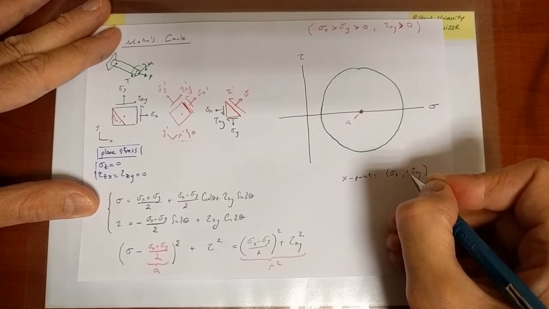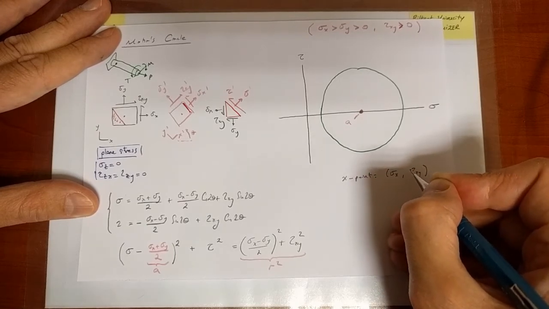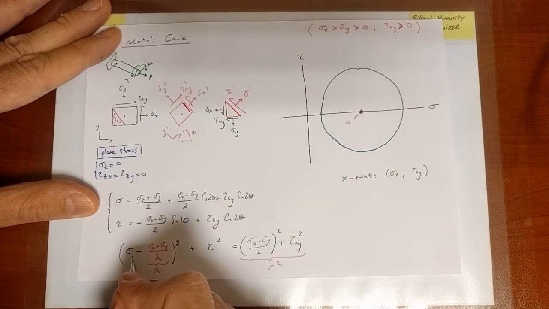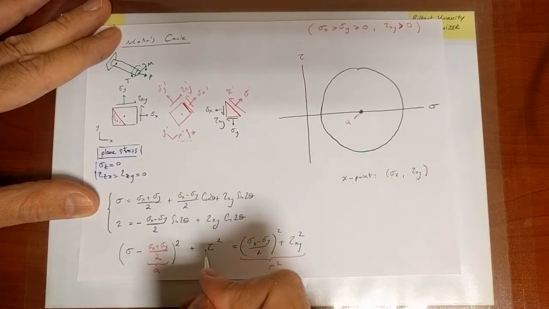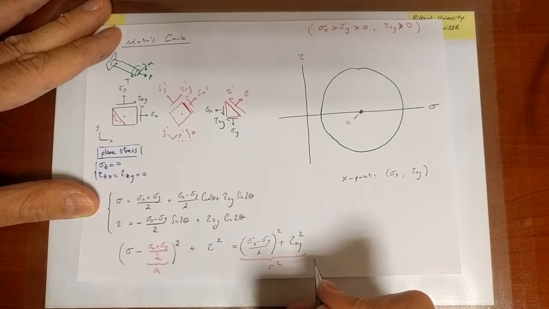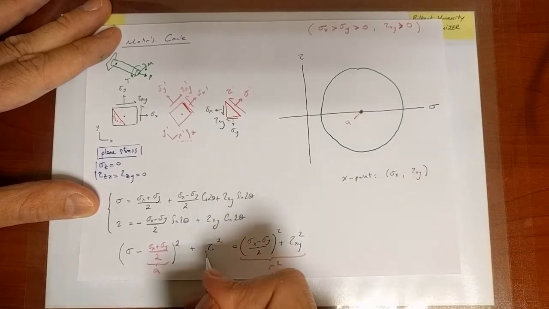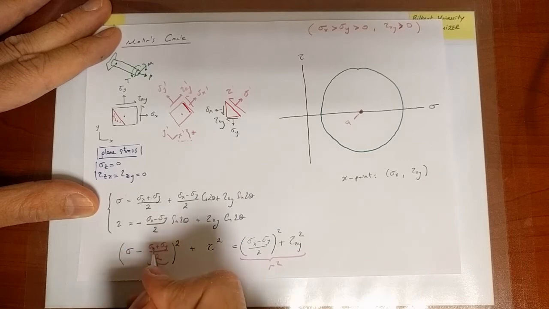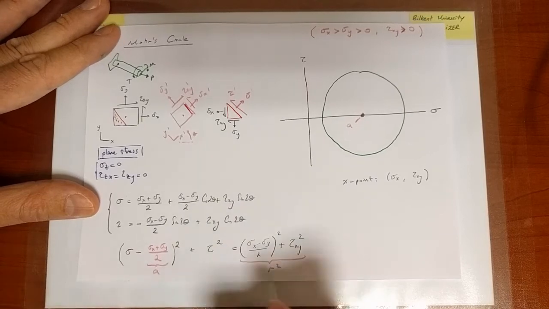I can put here a plus or a minus. It doesn't matter. Eventually the squares go into this picture. If I put sigma x and tau xy into this equation, it is supposed to satisfy this equation. Does it? Well, tau equals tau xy, this term is equal. If this is sigma x minus that, it's this value minus, but there is the square and therefore the equality holds.